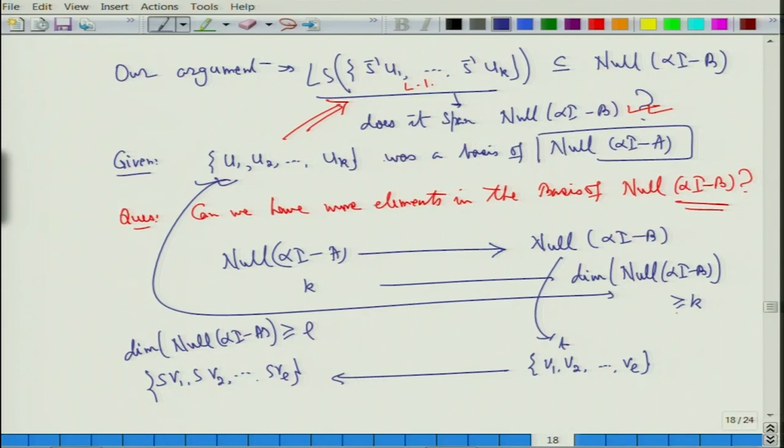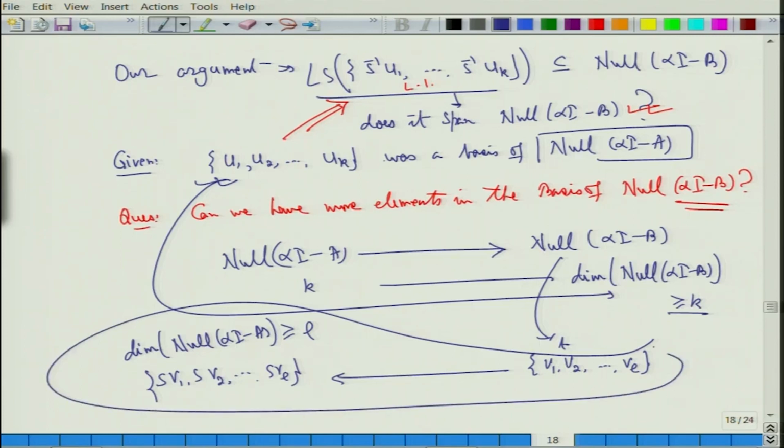So from one I can say the dimension is greater than or equal to K, and I can go the other way around to say the dimension is more. So the dimension of the two is the same.